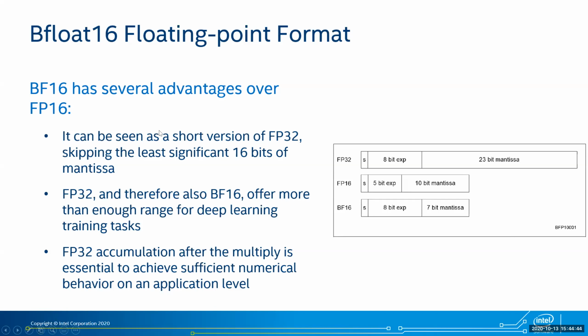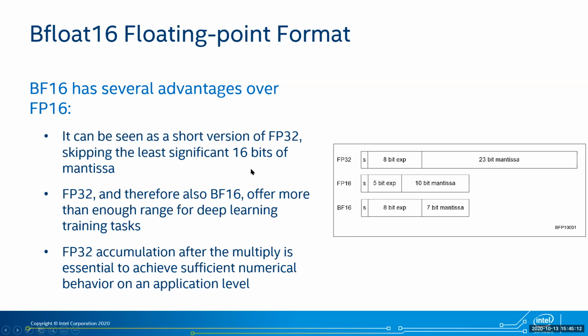So first, BF16 can be seen as a short version of FP32, but it has the same exponent bits. It just has a smaller mantissa field. So it actually has the least significant bits of mantissa truncated.